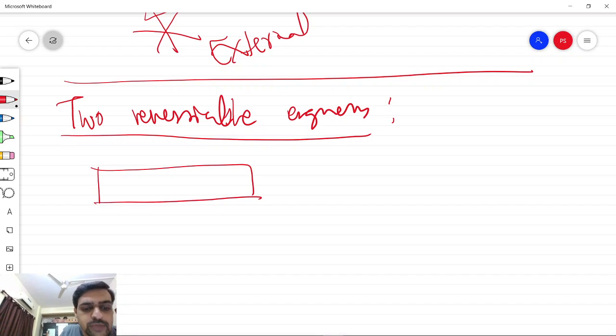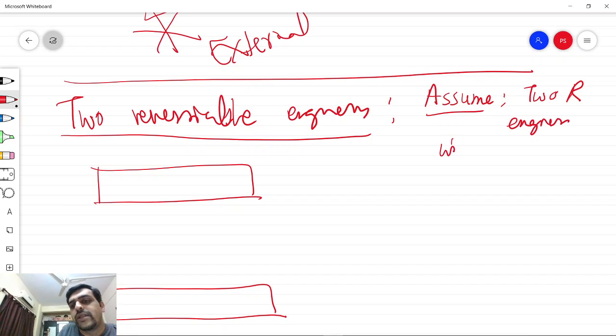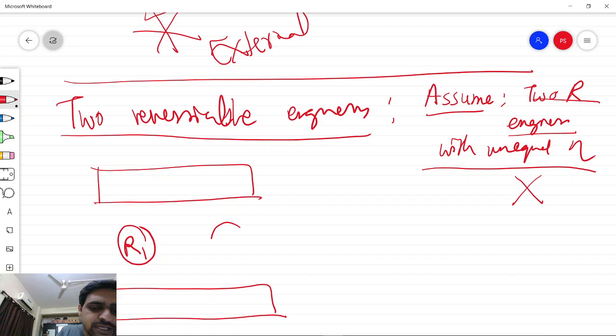We are going to assume initially that their efficiencies are not the same, that is, two reversible engines with unequal efficiency, and we are going to prove this claim wrong. It will mean that the two engines have the same efficiency. So let us begin by assuming two reversible engines R1 and R2.